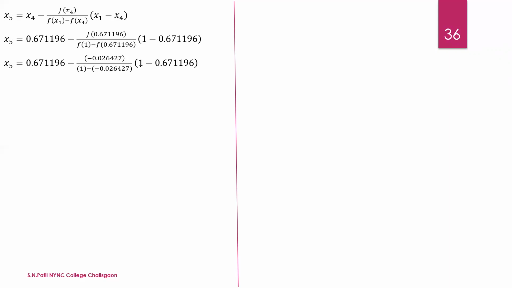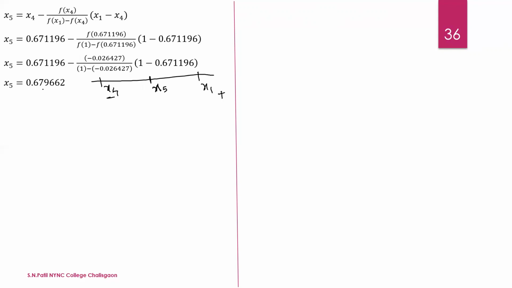Here minus, minus, plus, and after simplification, here we get the sum value, and here minus, minus, plus, that is 1.026427. Simplify by calculator, then we get x5. Okay. Now see, we just discussed the root lies between x4 and x1. The image of x4 is negative and image of x1 is positive. Now this is the x5 point.